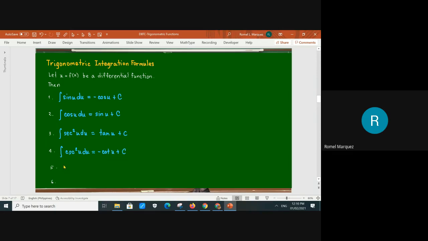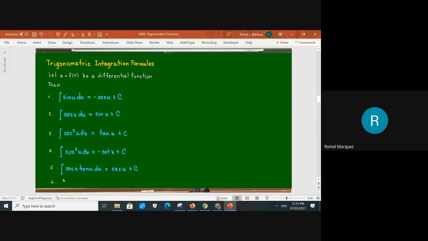Okay? So we have the integral of secant u tangent u du. If your integrand is a product of secant and tangent, as long as the du is present, the answer is secant of u, then plus c, of course.